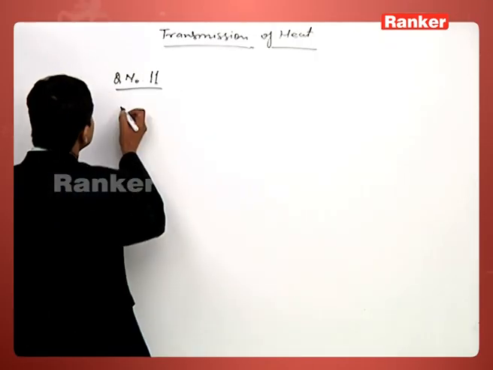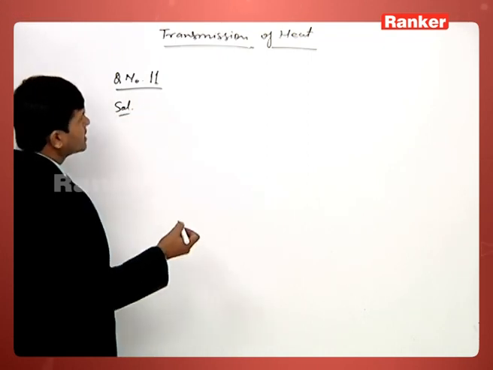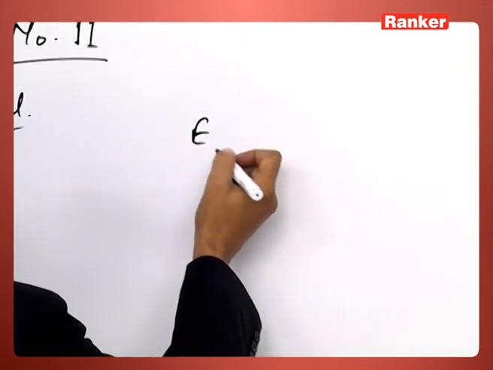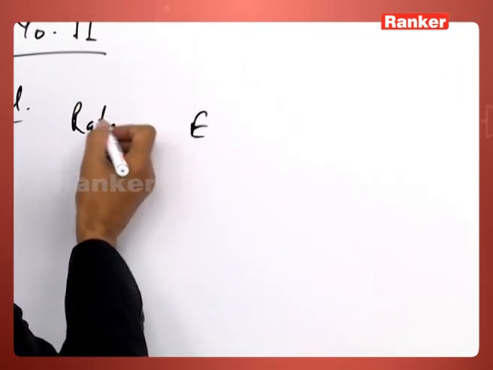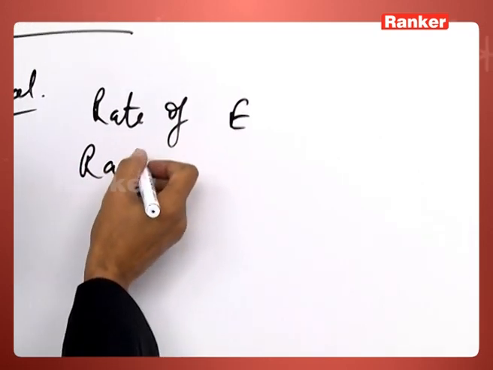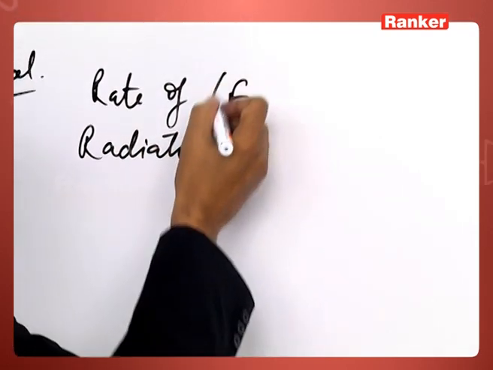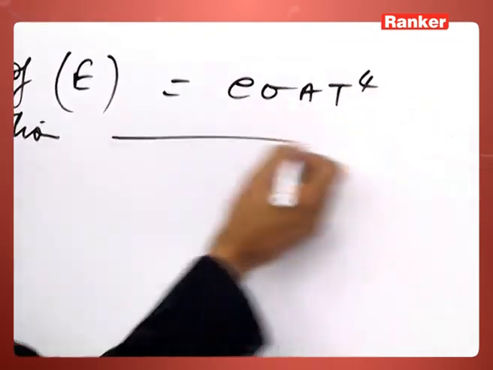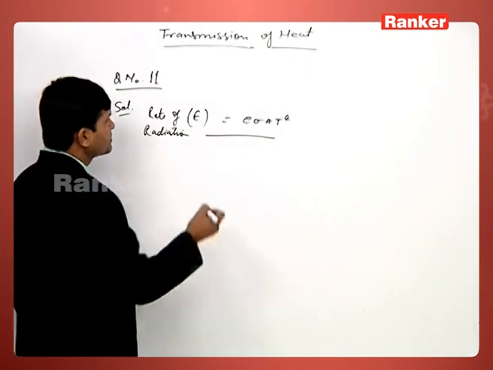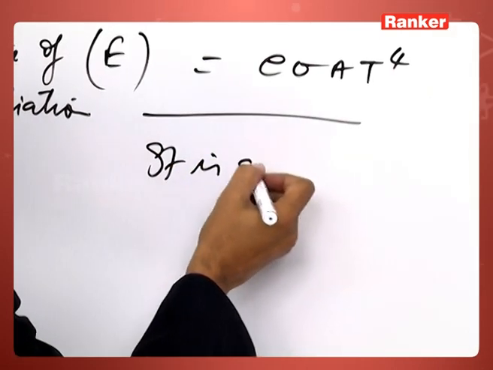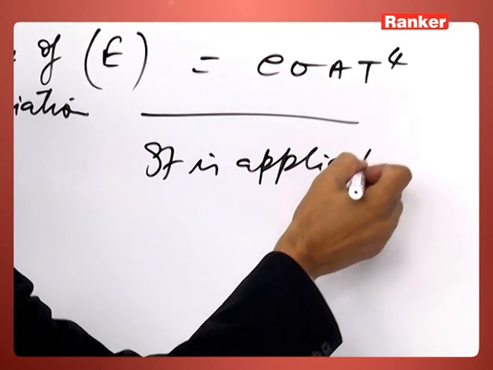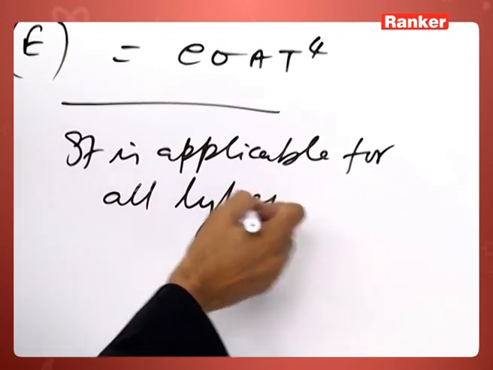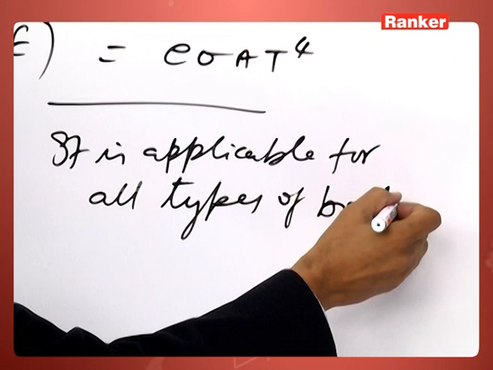As per Stefan's law of thermal radiation, the rate of radiation E is given as E equals sigma A T to the power 4. It is applicable for all types of bodies.